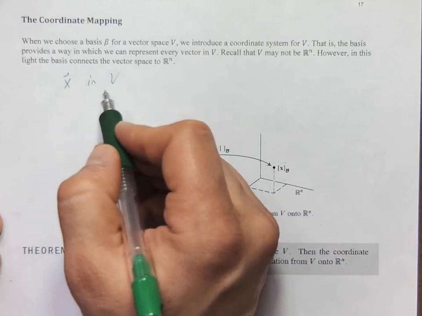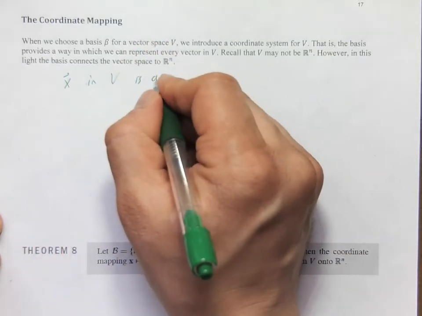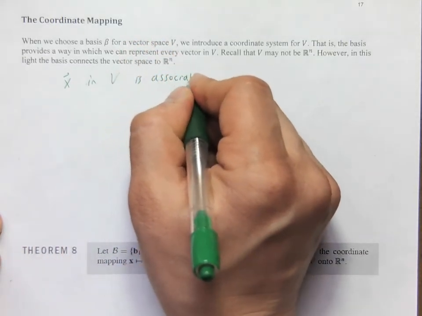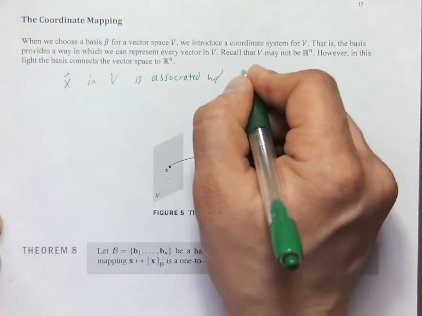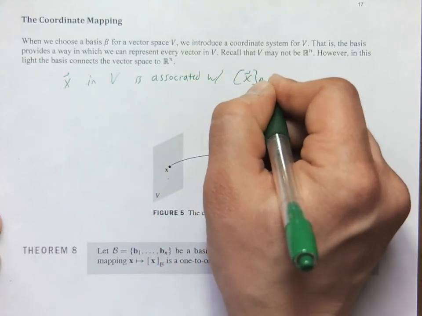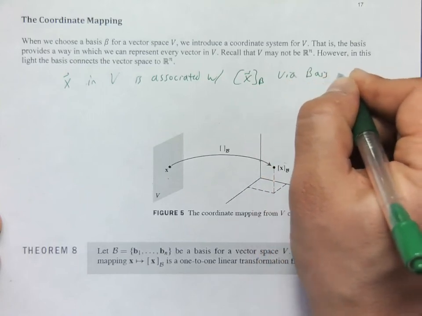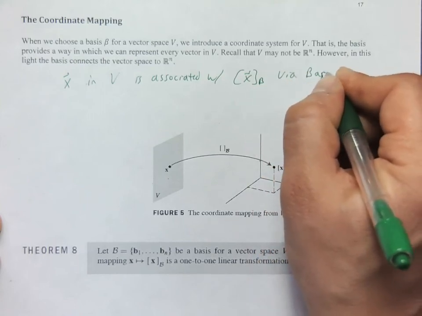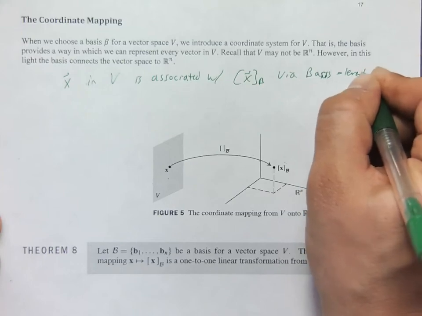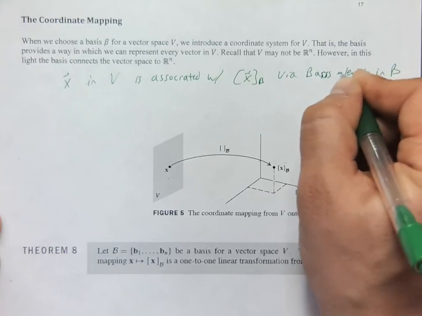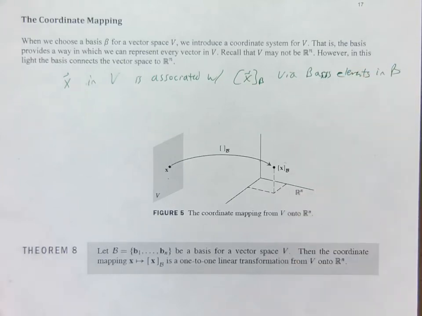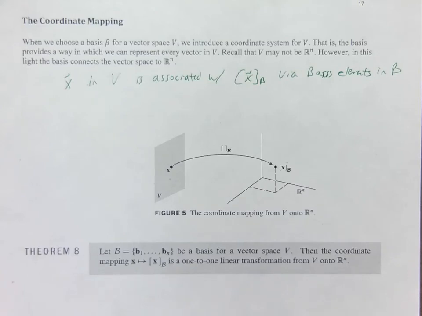So x is in V, and it's associated with the coordinate vectors using the basis beta. That's what we've been looking at this entire time.